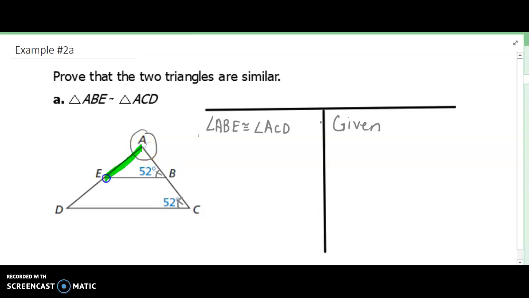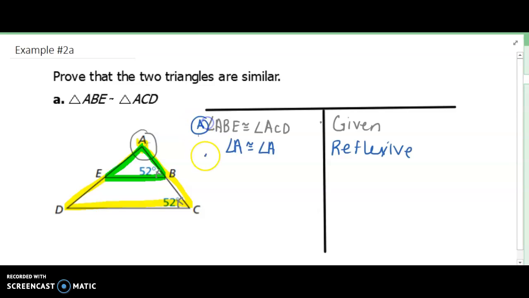So I have this triangle here and this triangle here. They share angle A. So I can say that angle A is congruent to angle A by the reflexive property. Okay, well guys, here's an angle, here's an angle. All I need are two angles. I have my two angles, so I can say that triangle ABE is similar to triangle ACD by the angle-angle similarity theorem.